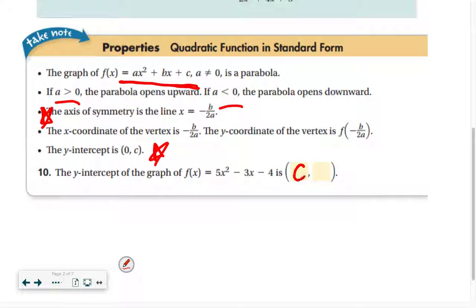So my x has to be 0. My c, in my standard equation, is the thing not attached to a variable. What number isn't attached to a variable here? Negative 4. So my y-intercept is the point 0, negative 4. So far, not too bad, right?